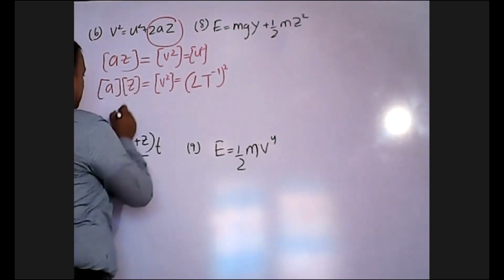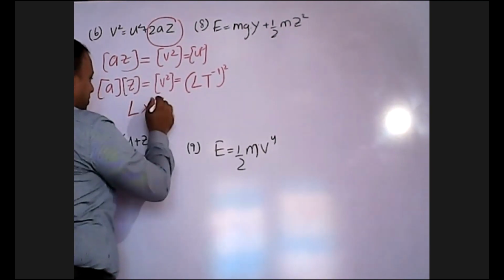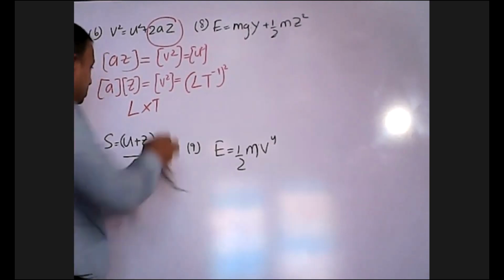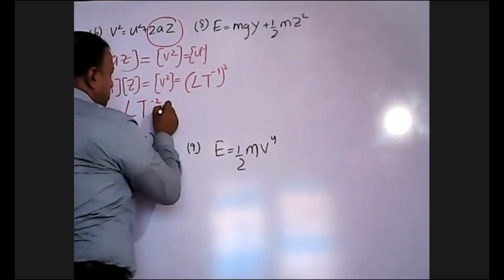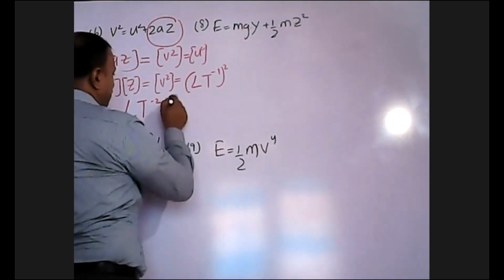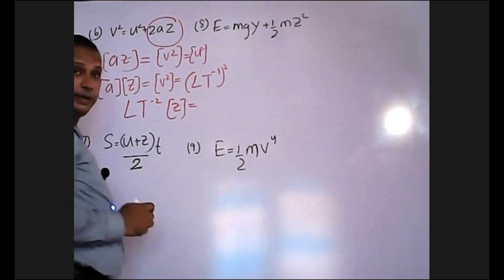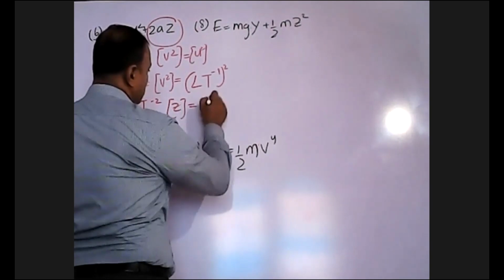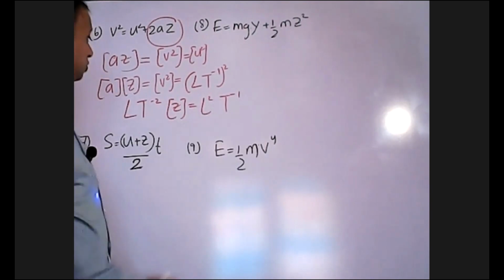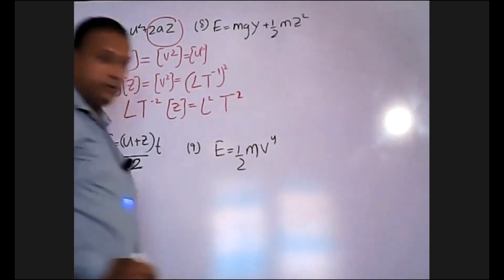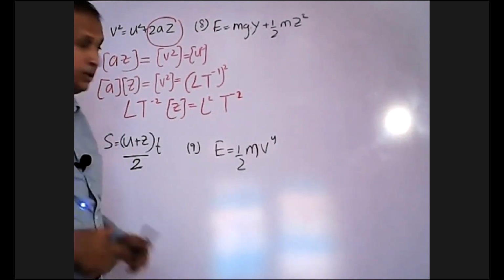Then A means acceleration, so here we have acceleration LT minus 2, into the dimension of Z. Do you understand up to this?